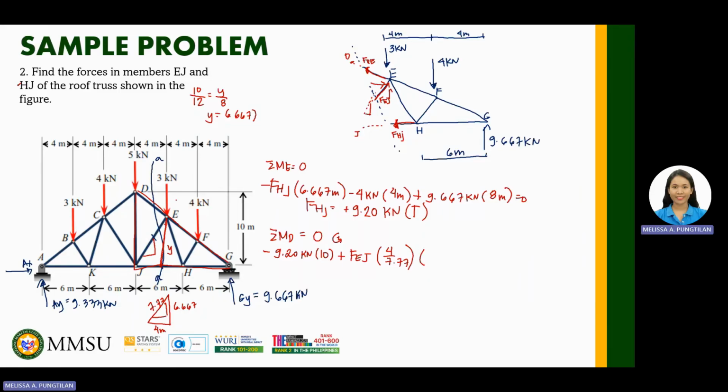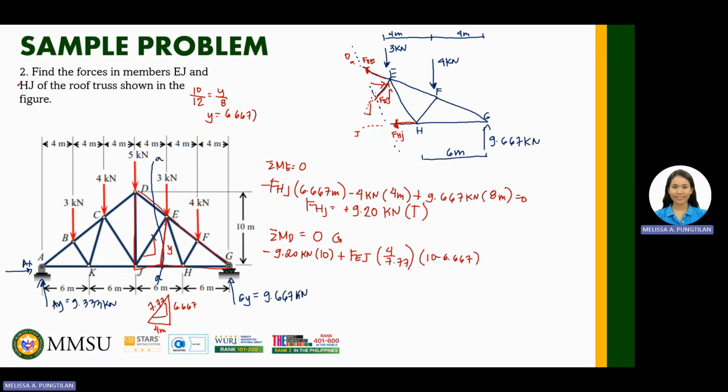Moment arm, nandito tayo sa part na to. Kailangan natin maghanap ng moment arm. Kung yung y natin kanina is 6.667, so it is just 10 minus 6.667.